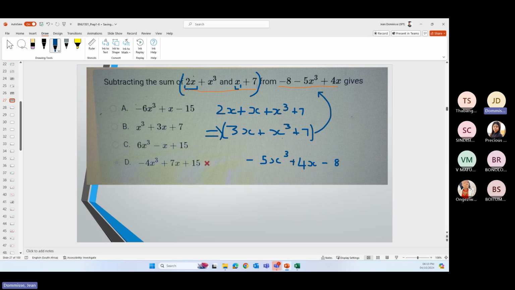So subtracting the sum of that from this answer. So now we're going to subtract this from the other one.